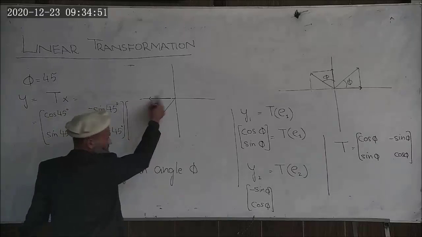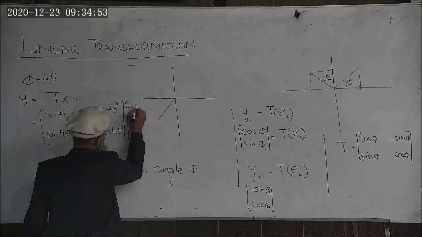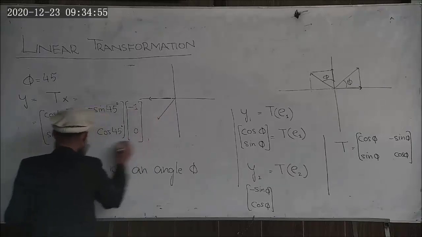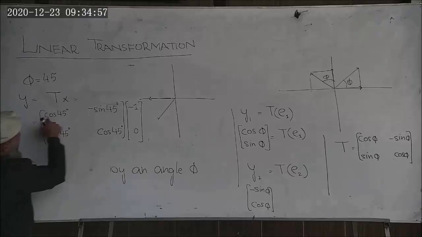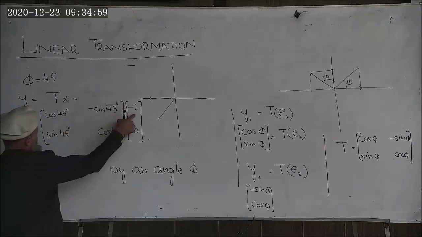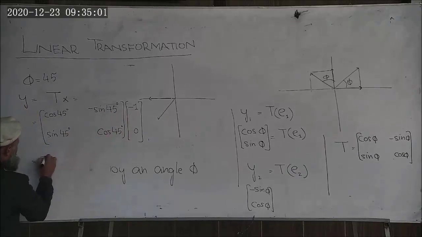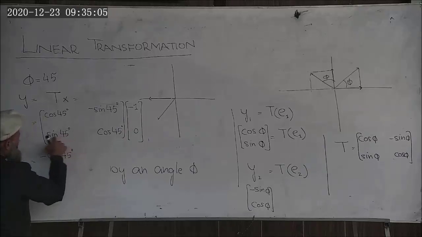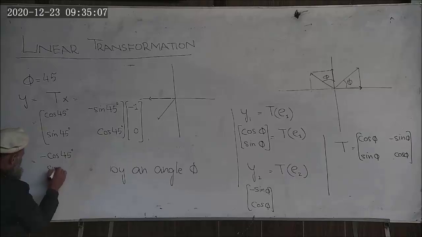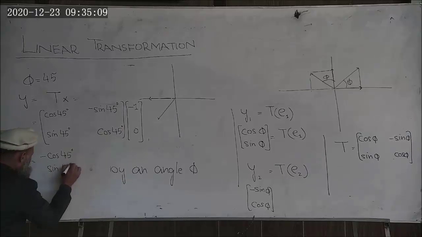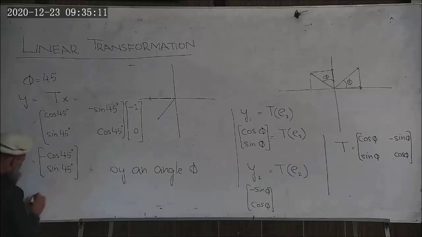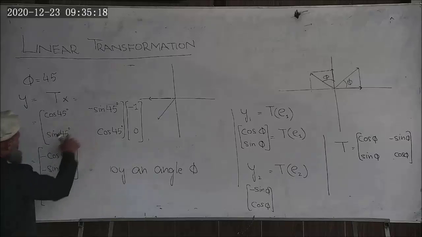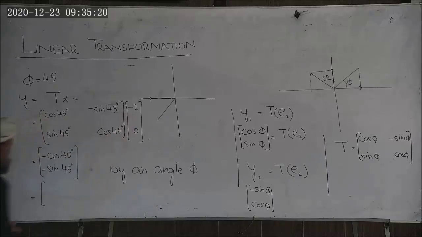X in this case is minus 1 and 0. So we get this vector: minus cosine of 45 degrees and then sine of 45 degrees. What is the numerical value? Minus sine of 45 degrees, you are right.